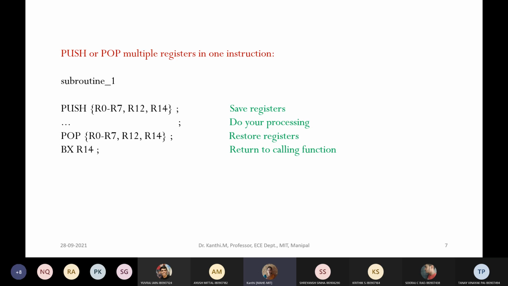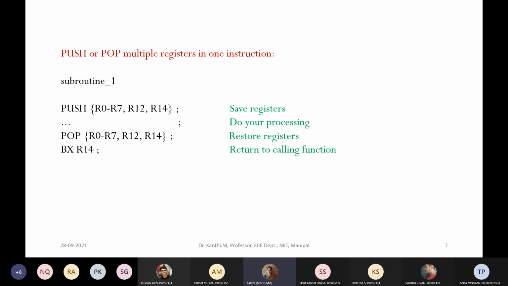We also have an option for multiple registers. If you recall, the processor supports multi-register saving in the ARM. With one clock cycle, you can copy, like load multiple registers, store multiple registers. So a set of registers can be copied to a specified pointer. The difference here is I need not give the pointer.